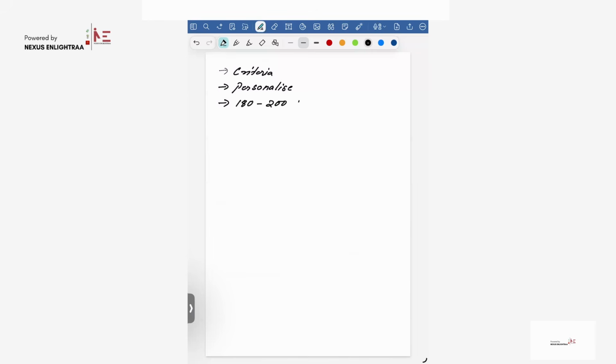Third, your letter should be 180 to 200 words. It is not a strict rule, to be honest with you. OET's guidelines confirm that if you go to the OET resources, it says somewhere that OET assessors do not count your words.